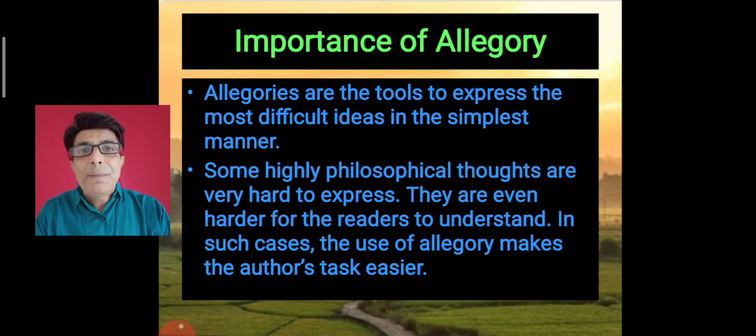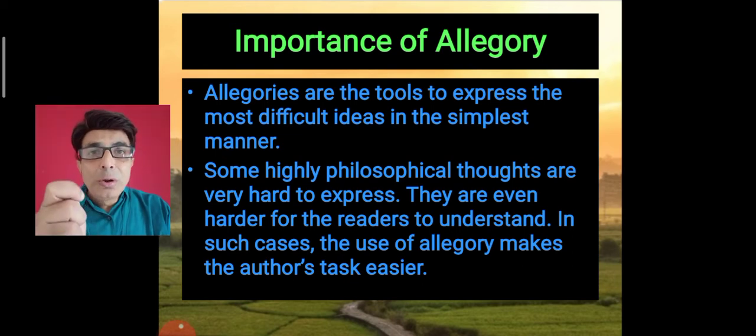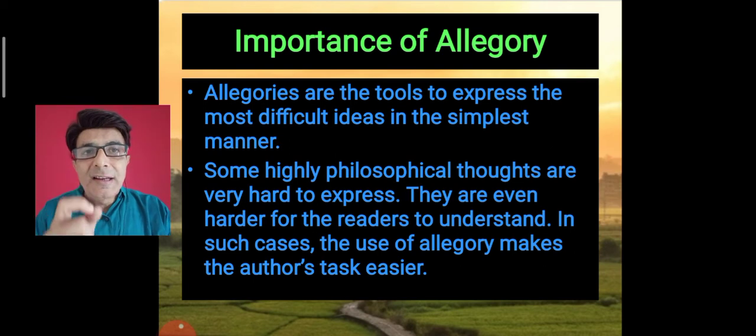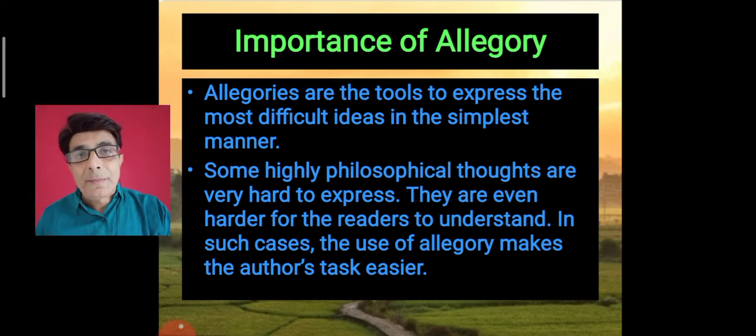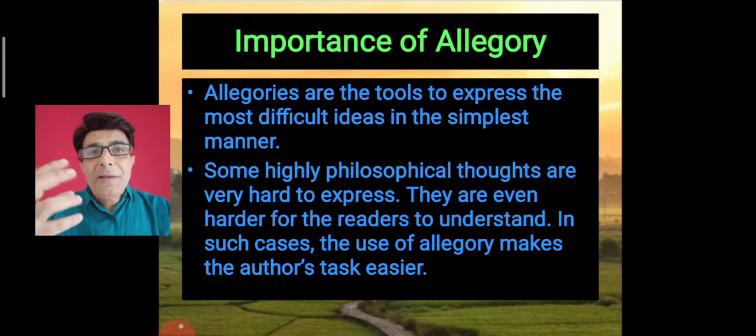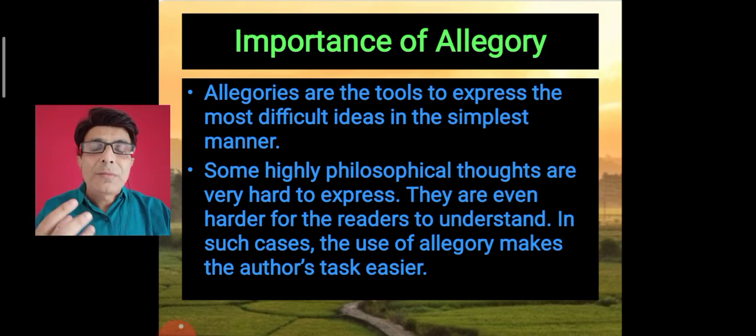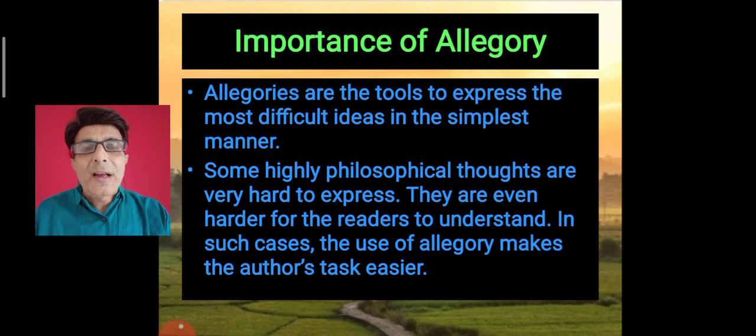Why are allegories important in literature? Allegories are very important because they are tools to express the most difficult ideas in the simplest manner. Some highly philosophical thoughts are sometimes very difficult to express directly in literature.